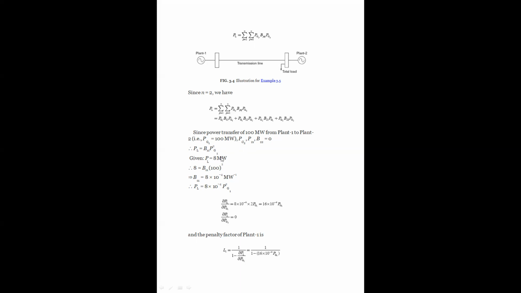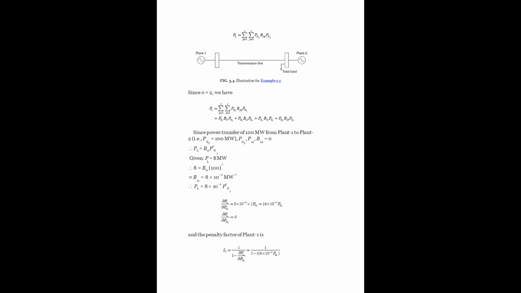So with PL 8 megawatt, B11 is equal to 8 into 10 to the power of minus 4.